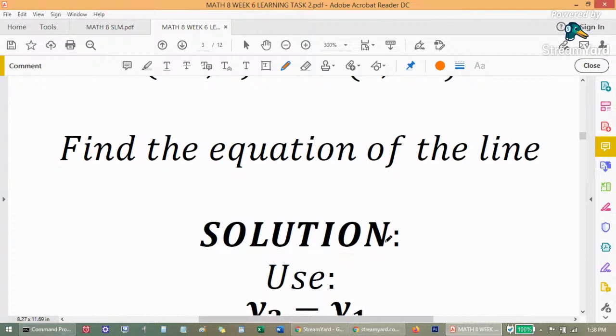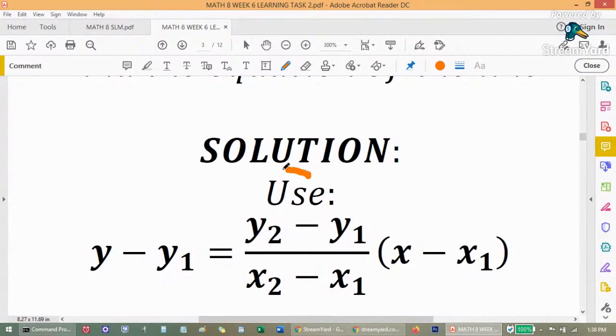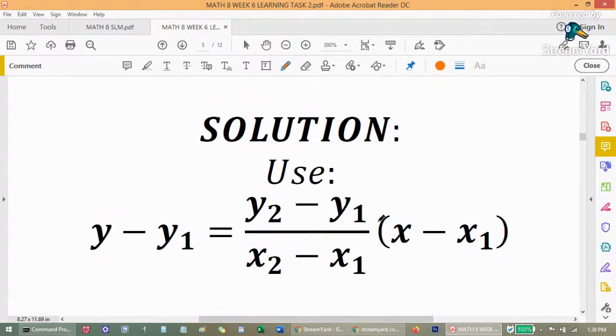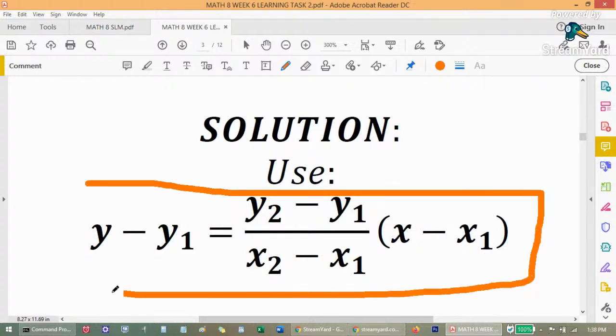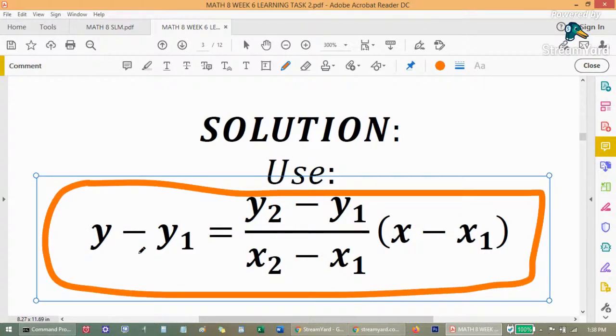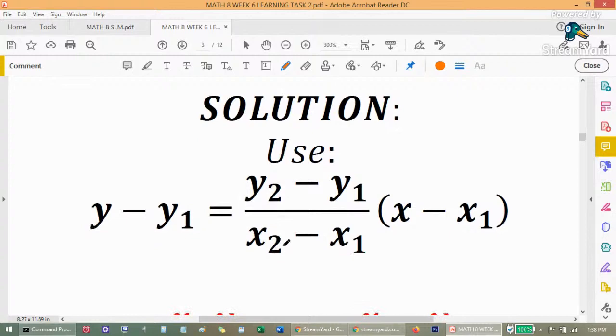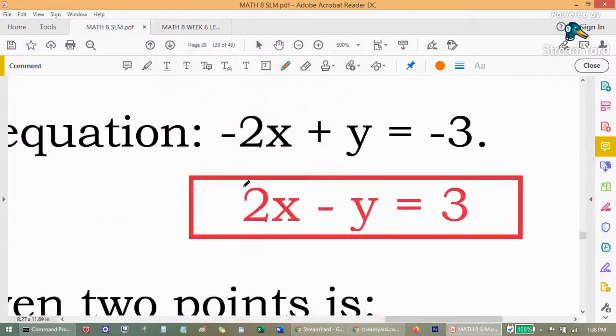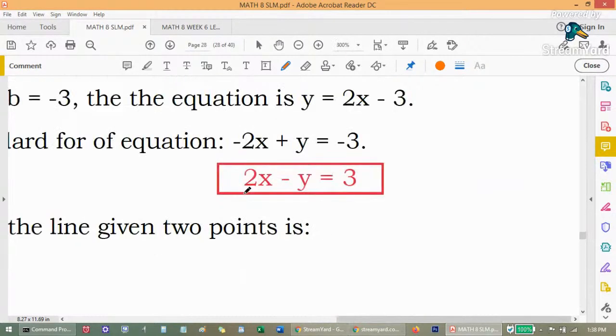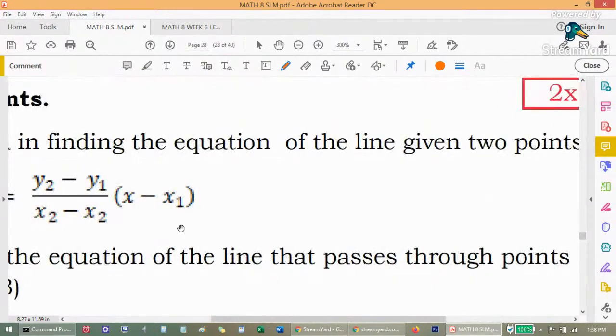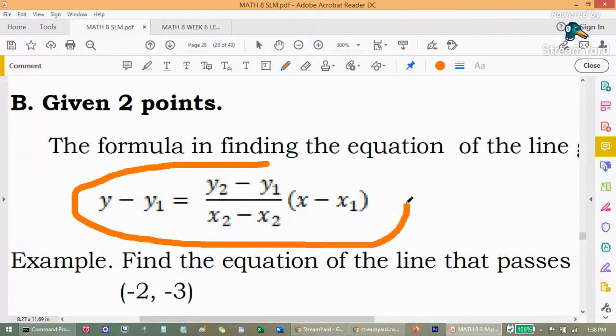Solution, we're going to use this formula. So kailangan memorize nyo to or sulat nyo sa notebook para meron kayong kopya nito, itong formula na to, or nakasulat naman to dito sa ating module. Yan, nandito yung formula.